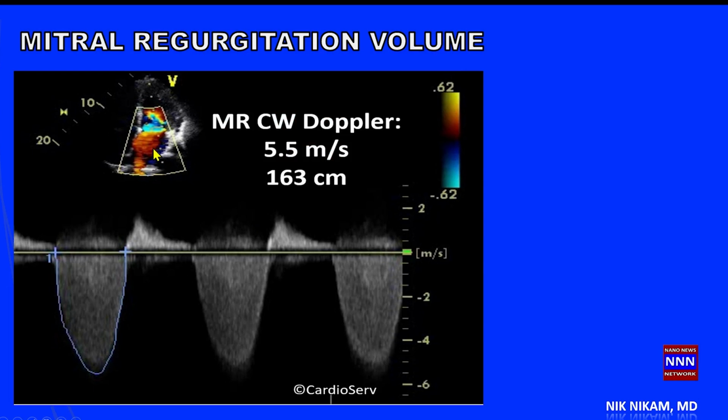Here is a mitral regurgitant 2D and continuous wave Doppler. As you can see, there is a proximal velocity which can be calculated, and the main thing focused here is showing the two important parameters through the mitral regurgitation continuous wave Doppler, namely the peak velocity, which is 550 centimeters per second.